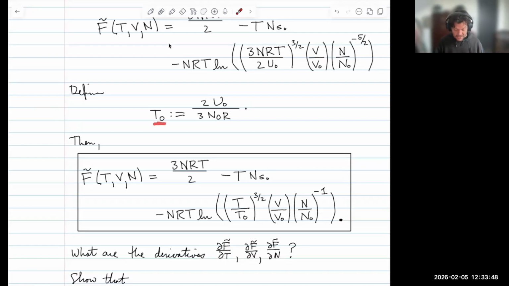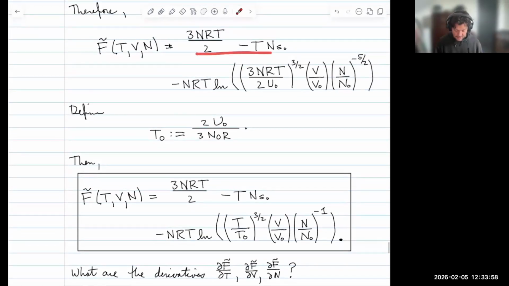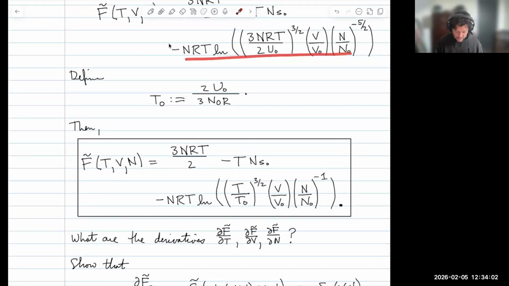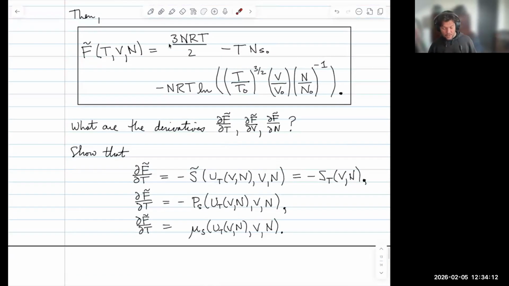So I define a new characteristic temperature called T naught, and then F becomes this function of T, V, and N. These are the first two terms. They don't change. And then this guy here is my new characteristic temperature that I just defined.